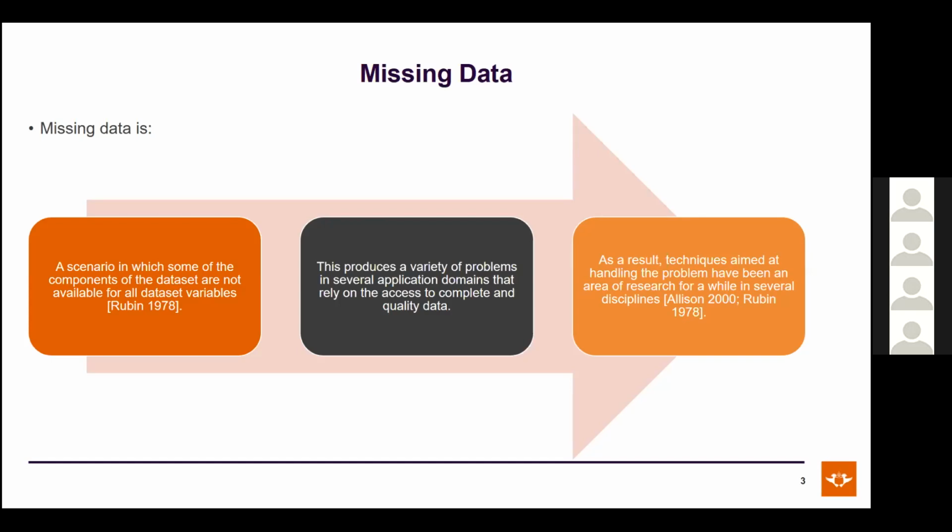If that is missing, would you be able to make a representative decision? If you have those two variables missing, would you be able to make a representative decision?